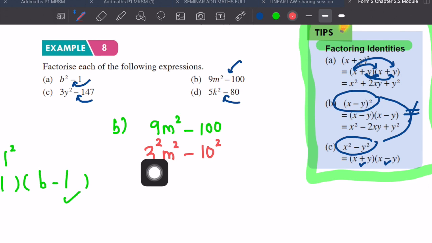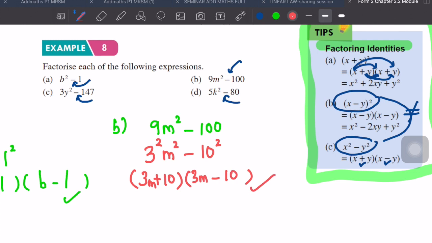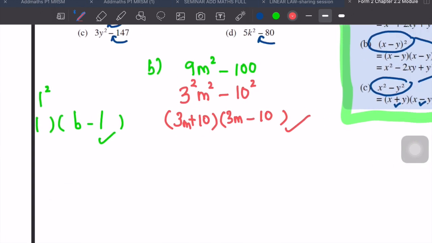Semua nombor ni dah boleh ditulis dalam kuasa 2 dan tengah-tengah ini adalah tolak. So apa yang kita buat? Buat 2 kurungan, 1 tambah 1 tolak, lepas tu salin balik nombor-nombor ini tanpa kuasa 2. So we have 3m 10, 3m 10. Settle kerja.